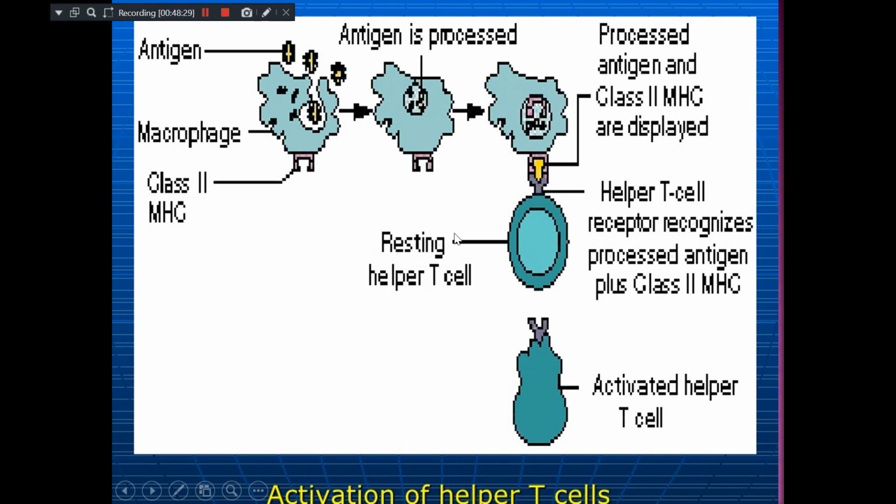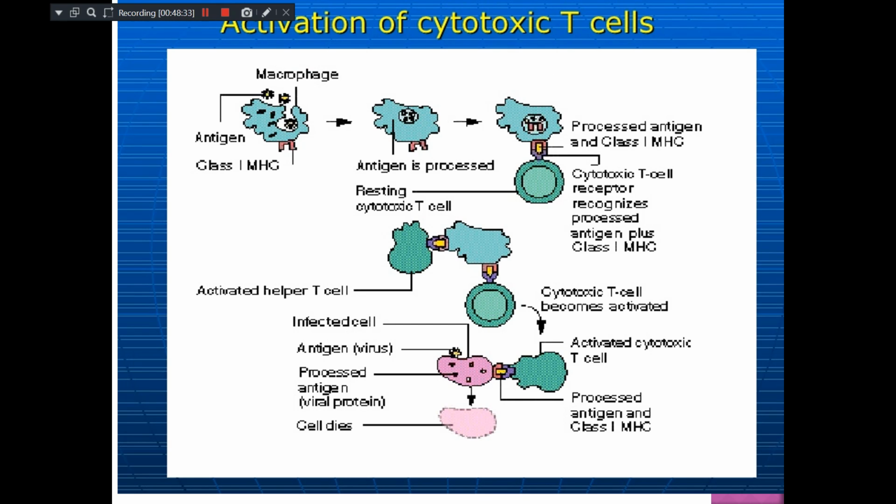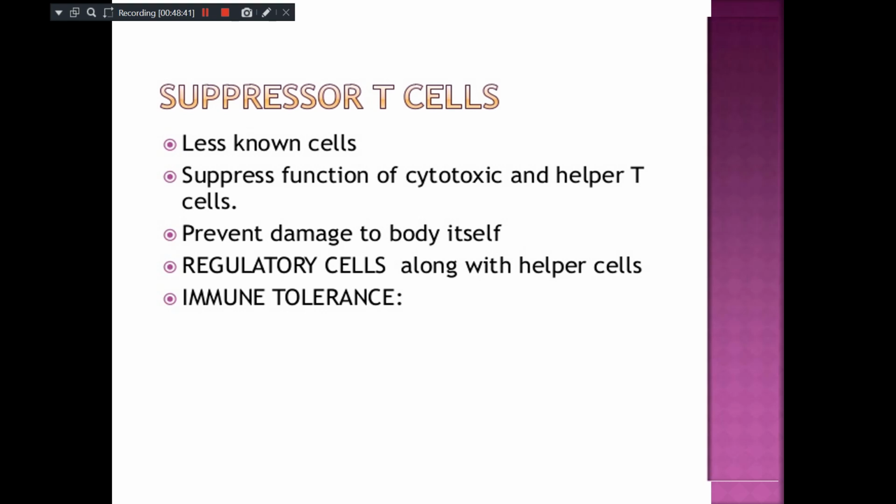So during this, the helper T cells, as I have already told you, help in recognition and identification. Even cytotoxic T cells are activated by the MHC class 1 or class 2 proteins. Apart from that, there is one more cell, known as suppressor T cells. These are very little known cells.